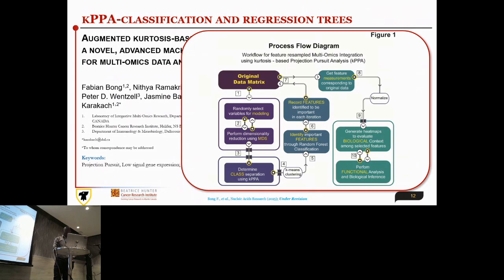So we determine what those classes are, and then select the features that are important using random forest classification, record those features, put them back into the original matrix, and store the important features somewhere. You run this 1,000 times, essentially it's doing 1,000 experiments, 10,000 experiments, and then you vote. You decide which variables have been picked the most out of your iterations, and then you continue with your functional validations. So what's the problems?